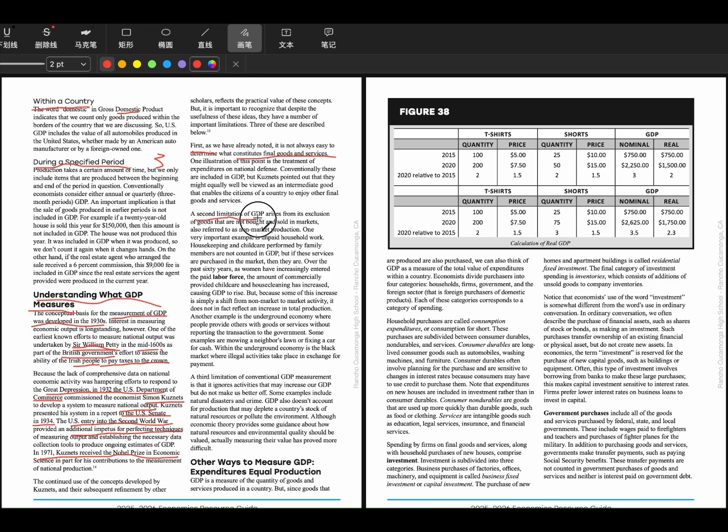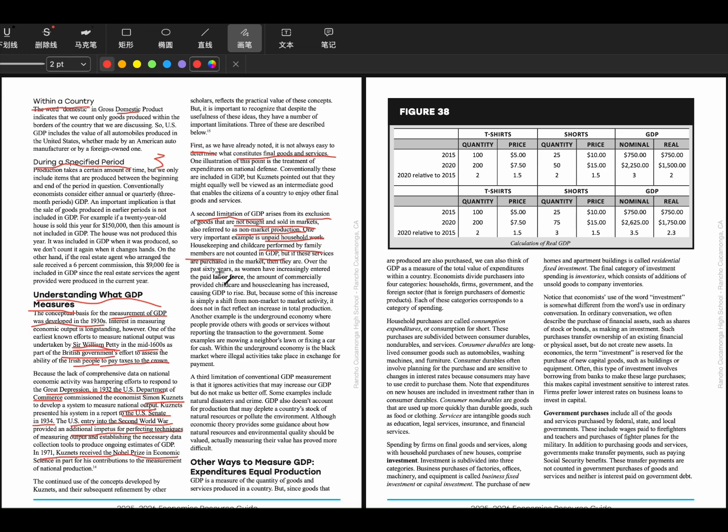And the second limitation is what it actually doesn't count. In other words, it doesn't count things that are not bought or sold in the markets. What does this mean? Black markets. It's basically non-market production. If you're producing not in the market, such as unpaid housework performed by family members freely, those are not counted in the GDP, even though it actually is a service that could be purchased in the market and is labor performed by people.